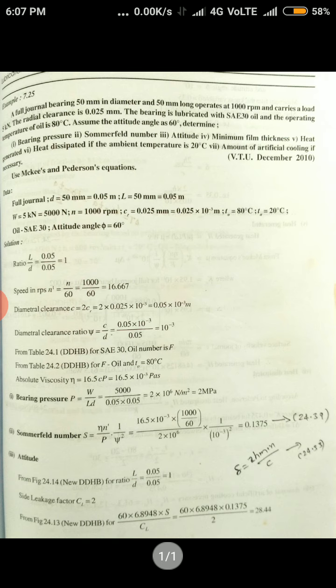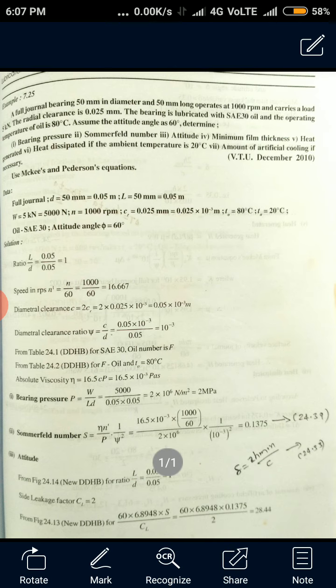Before going for the main parameters, we'll calculate sub parameters. We'll find the ratio L by D, substituting the values we get 1. Speed in RPS, we get 16.66. Diameter clearance, that is c equal to 2 times the radial clearance, so we'll get 0.05 into 10 to the minus 3 meter. Diameter clearance ratio, that is c by D, diameter clearance to the diameter of the journal, is 10 to the minus 3.